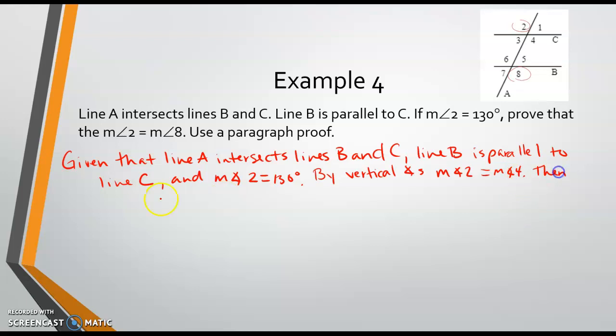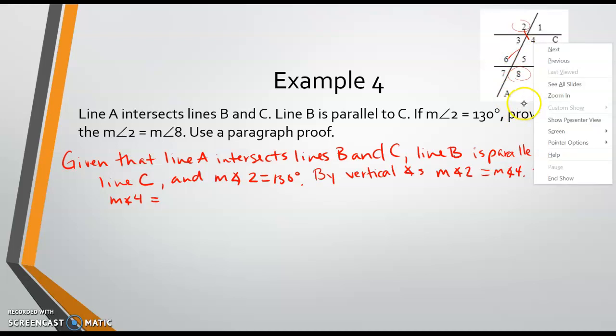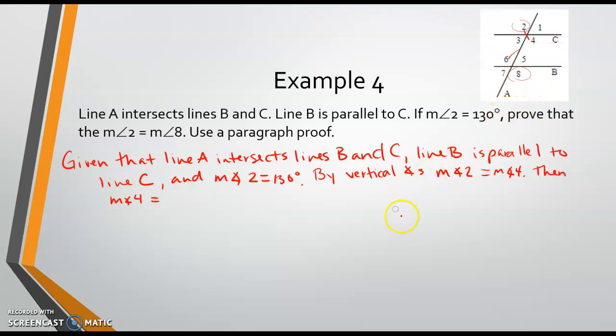Then the measure of angle 4 is equal, so here's where I am now. I've gone from 2 to 4, and I know that 4 is an alternate interior angle with angle 6. So then the measure of angle 4 is equal to the measure of angle 6 by the alternate interior angles theorem.